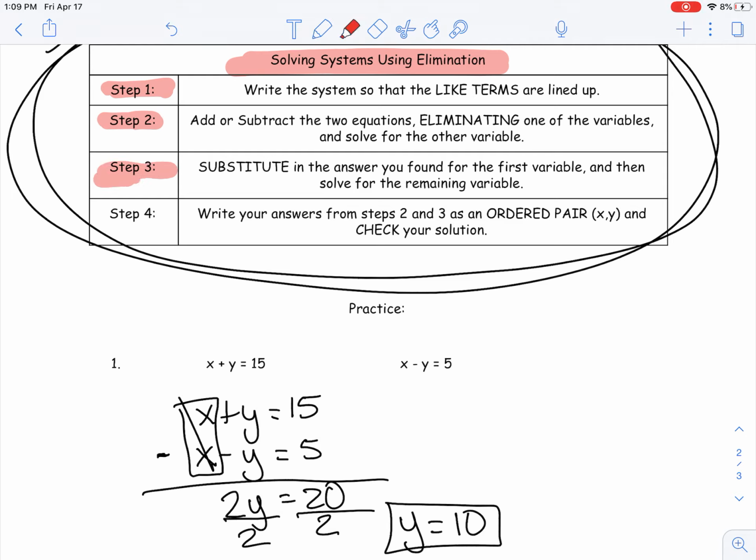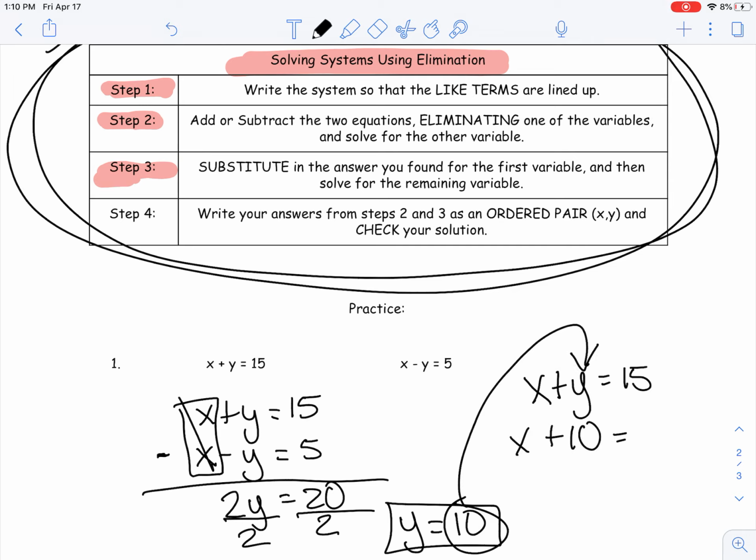Step 3, substitute in the answer you found for the first variable and solve for the remaining variable. So again, I always just use the first equation. It doesn't really matter which one you choose. I'm going to substitute 10 in for y. So I have x plus 10 equals 15. Subtract 10 from both sides. X equals 5.